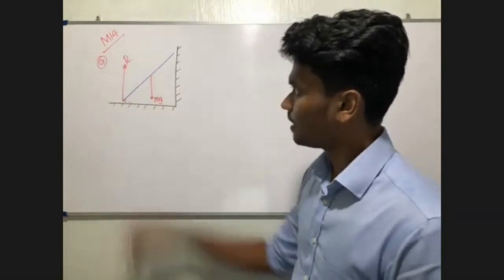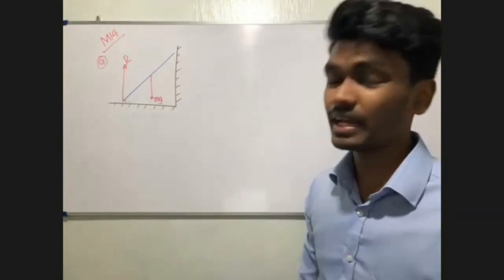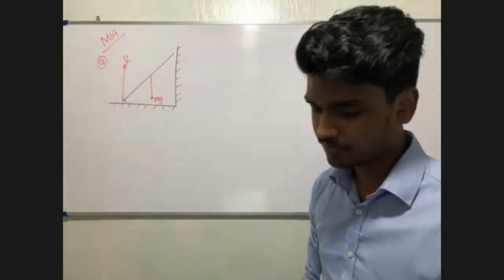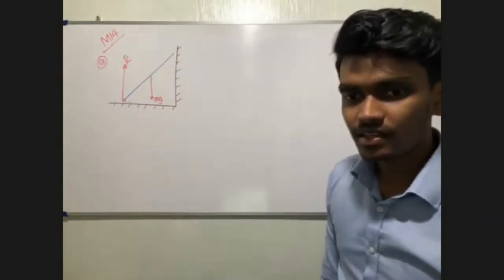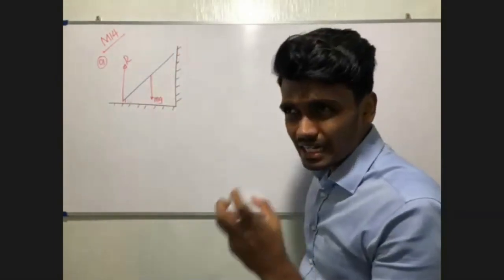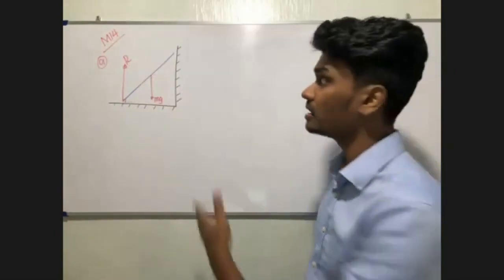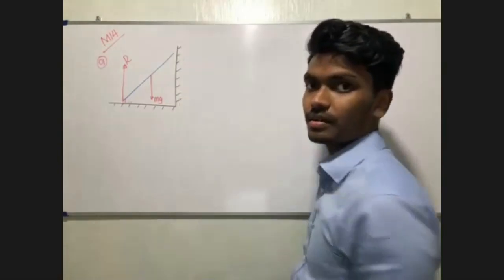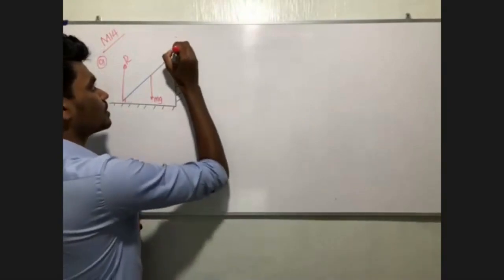What else? Once again, at this point also there is a reaction. Why? Because there is a contact surface. Here also there is a contact surface. Since there is a contact surface at this point, a reaction will act on the rod. In which direction? Perpendicular to the surface, in this way.